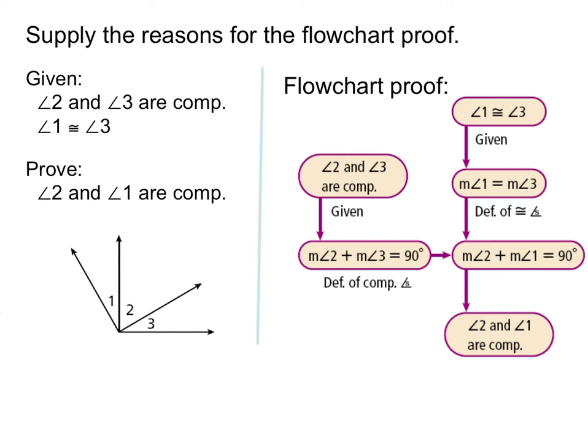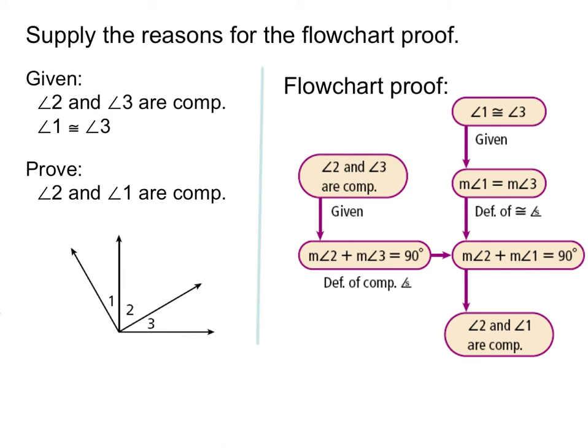Now notice the next oval has 2 arrows coming into it, so we need both those facts. I'm looking at the statement I'm trying to support: measure of angle 2 plus measure of angle 1 equals 90 degrees. It almost looks like the one on the left, but instead of angle 3, it says measure of angle 1. Notice the bubble just above says that measure of angle 1 and 3 are the same.